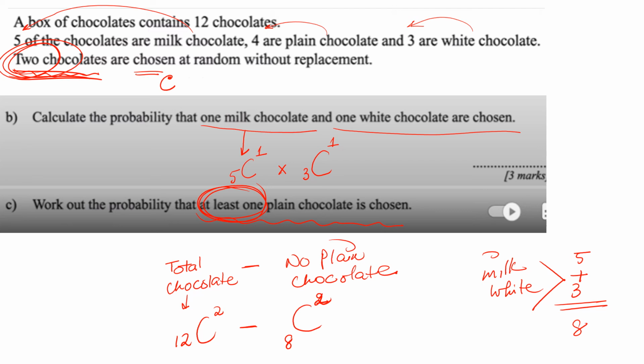So at least one plain chocolate means not none of the chocolates is plain, but either they are milk chocolates or white chocolates. So rather than going into the cases, you just add the milk and the white chocolates, and from them you select the 2 chocolates according to your main situation, and just subtract it from the total number of chocolates, and that will lead to your correct answer.